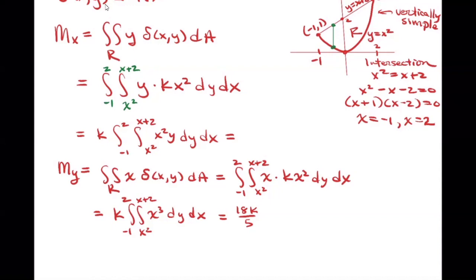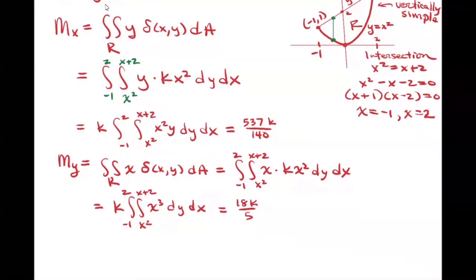So mx is 537k over 140. I'm just going to double check, make sure I'm not screwing this up. 537k over 140, horrible, horrible. My, 18k over 5, that's correct.